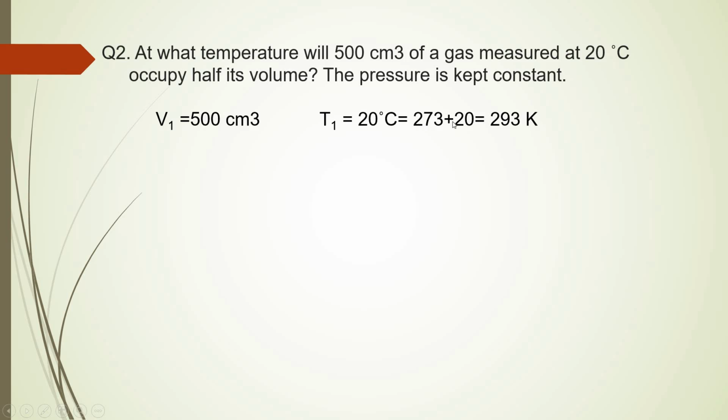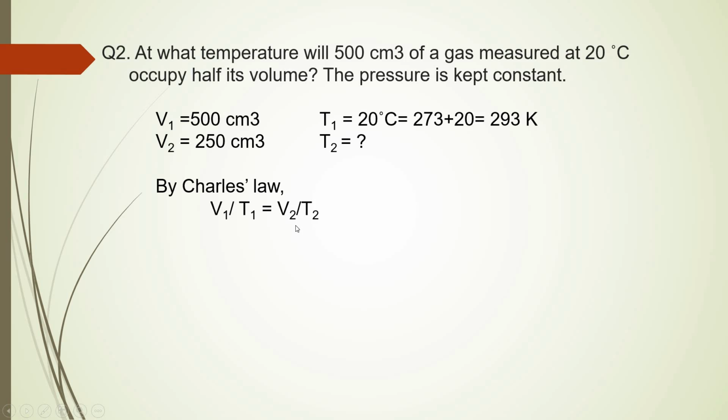So 273 plus 20 comes to around 293 Kelvin. So this is our initial temperature. Now we are asked to find the final temperature when the final volume becomes 250. How do we get this 250? Because it is given in the question that the volume becomes half. So half of 500 is 250 centimeter cube.